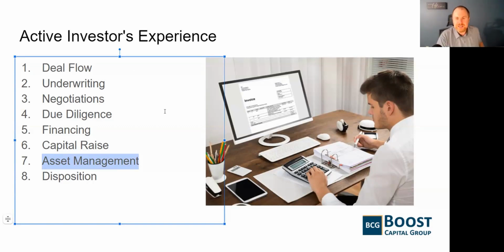I wouldn't say it's easy, but it's not rocket science. If you analyze enough deals and underwrite, you build relationships with different third parties, and even with negotiations, let's say you work with a mentor for guidelines and have a lawyer on your team from a legal standpoint.